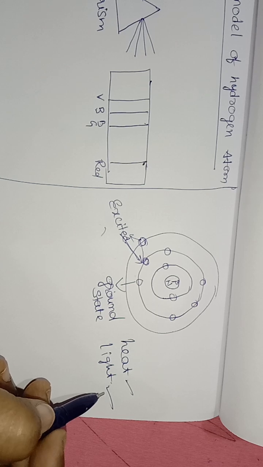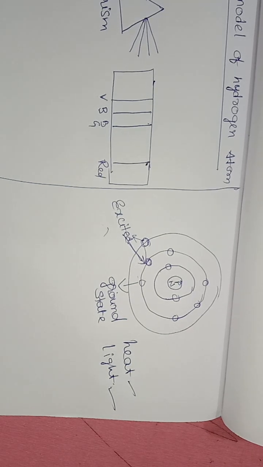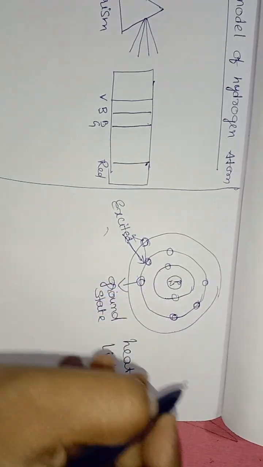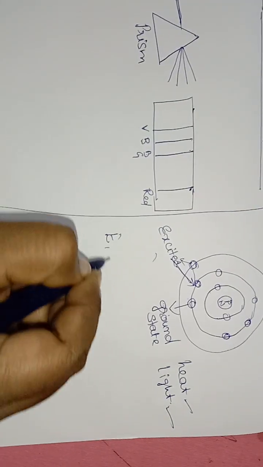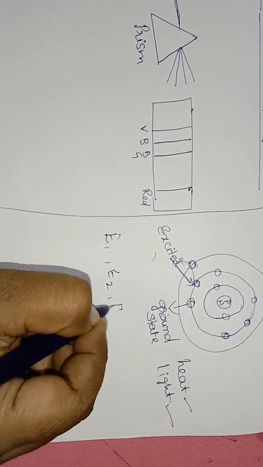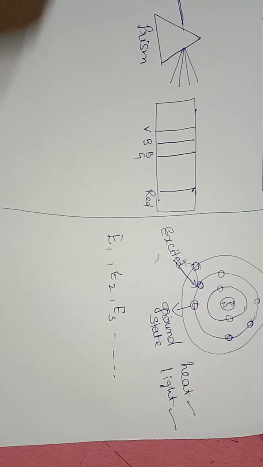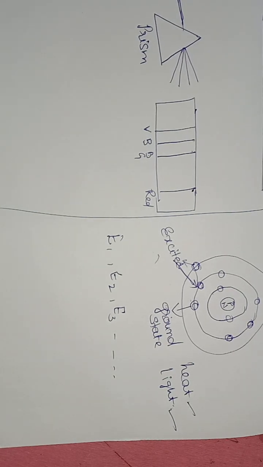The electrons have some energies, indicated by E1, E2, E3, like this. Each electron possesses some energy level. In this way the energy is quantized.